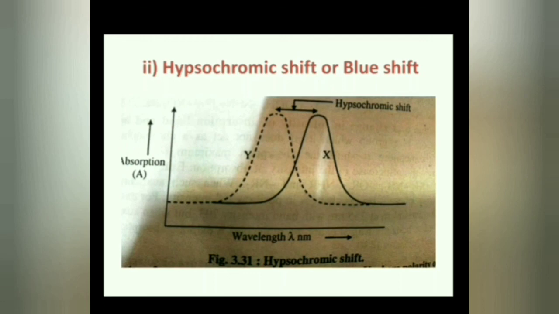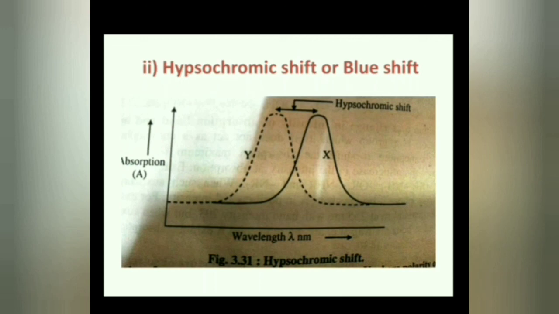For example, aniline shows the absorption maximum at 280 nanometer, and in acidic medium it shifts towards 200 nanometer. So in this particular case, what happened? The aniline at the start has a lone pair, and that lone pair gives conjugation to the pi system of the benzene ring, which gives the wavelength near about 280.